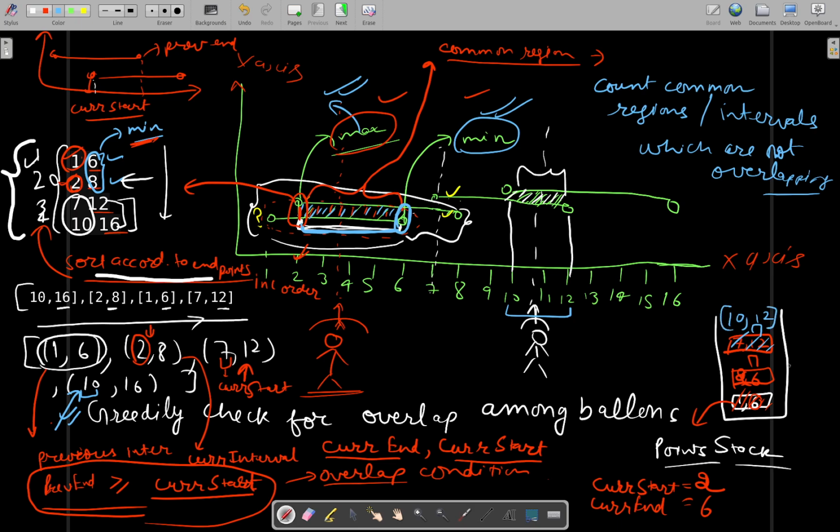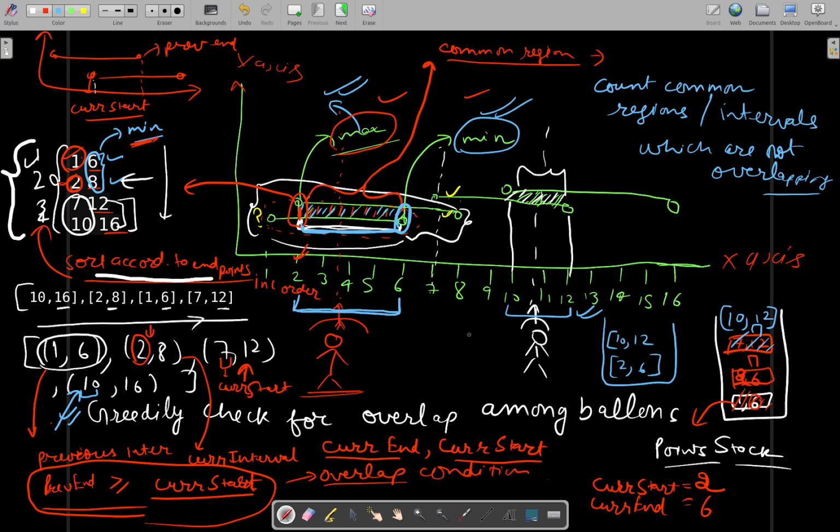So at last your stack will be having two values. One will be 2 6 and another will be 10 12. These two values we are talking about, and 2 6 from this side.